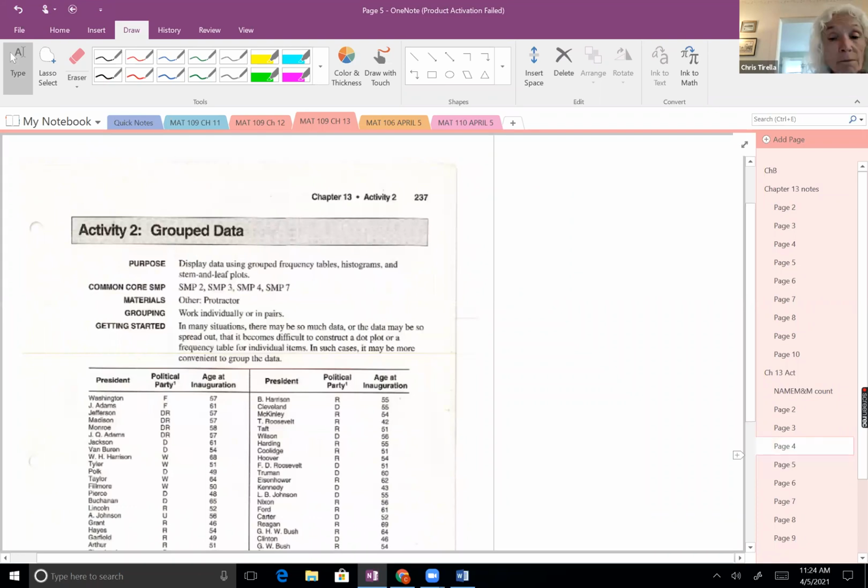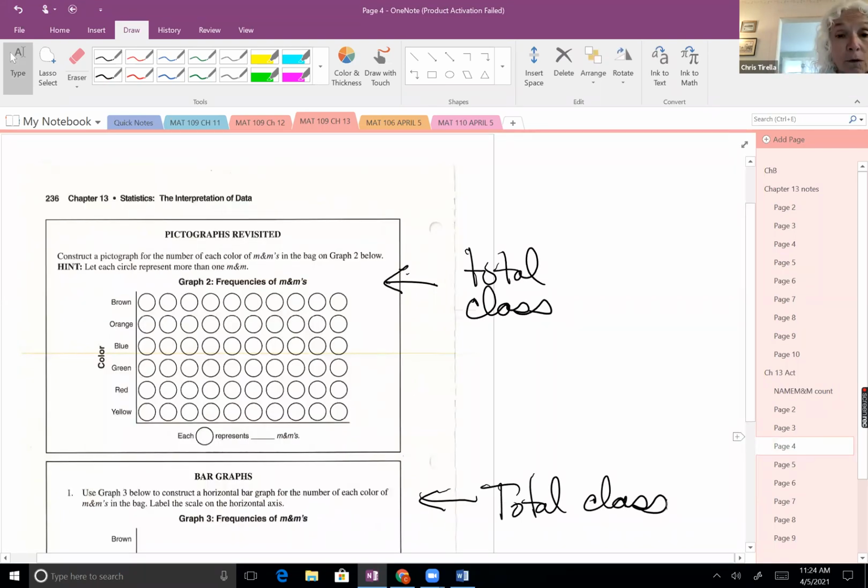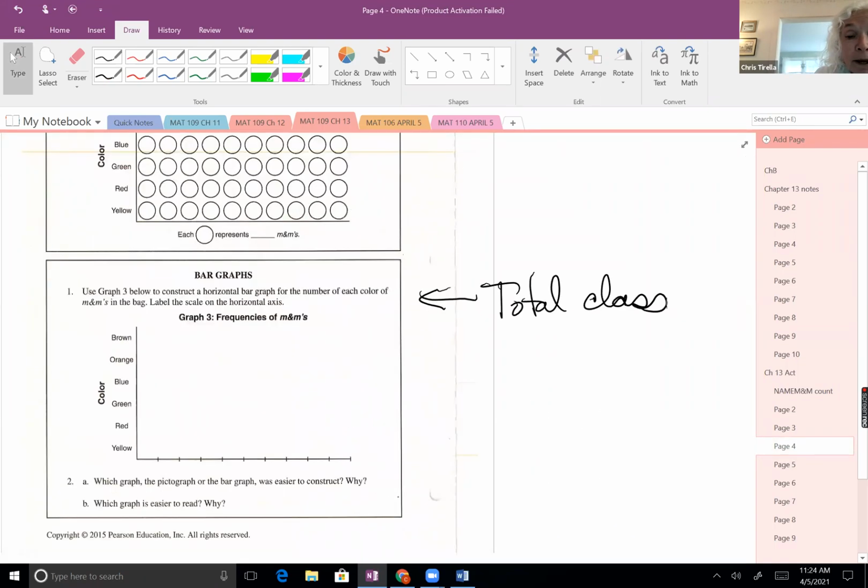And then, you know, answer the questions that are asked. Is everybody all right with that M&M activity? Any questions? Not yet.